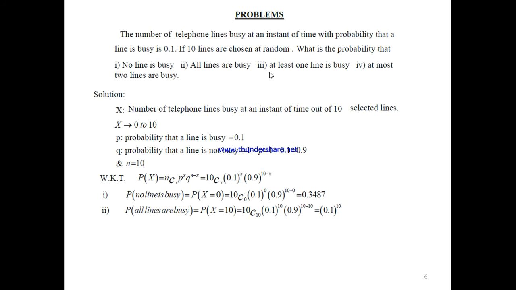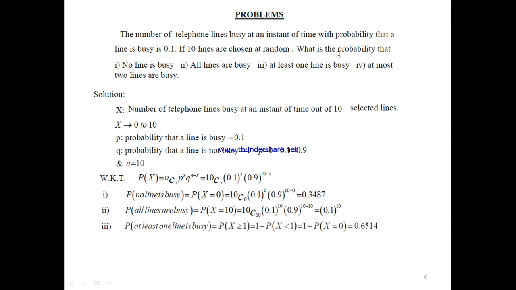Next, we have to find the probability that all the lines are busy. When all selected 10 lines are busy, the value for our random variable x is 10. So our p of x value is 10C10, 0.1 power 10 and 0.9 power 10 minus 10. After the simplification, we'll get the answer as 0.1 power 10.